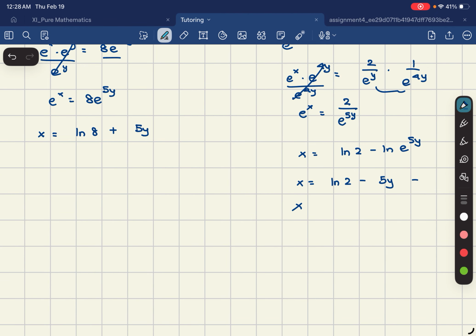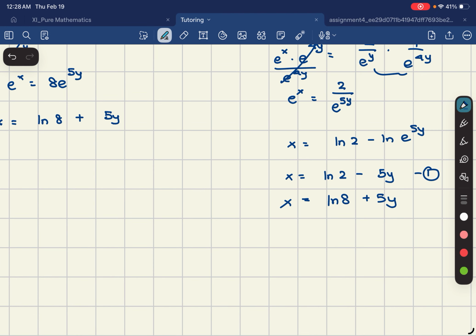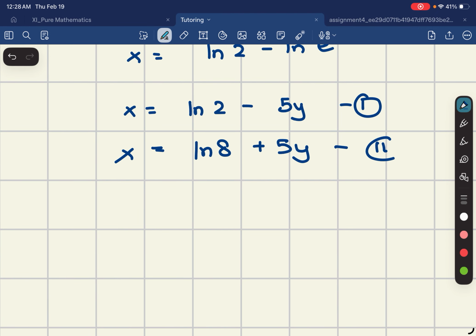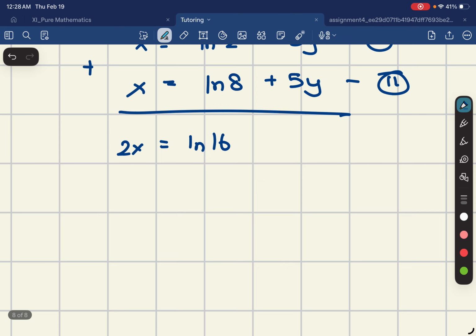Now equation 1 tells me x is ln 2 minus 5y, and equation 2 tells me that your x is equal to ln 8 plus 5y. If you look at these two equations, I can add them together. And when I add them, I get 2x is equal to ln 16. Ln 2 plus ln 8 gives me ln 2 times 8, that is ln 16. And minus 5y plus 5y is going to give me 0. And therefore, x is equal to ln 16 divided by 2.